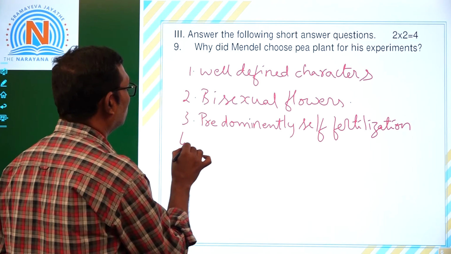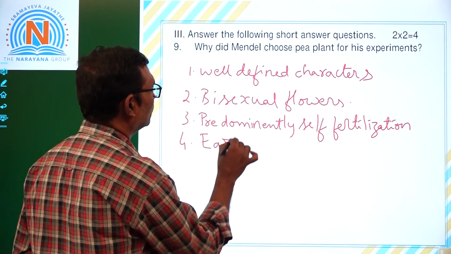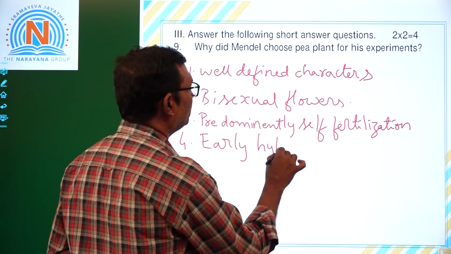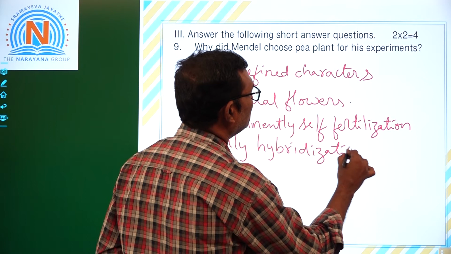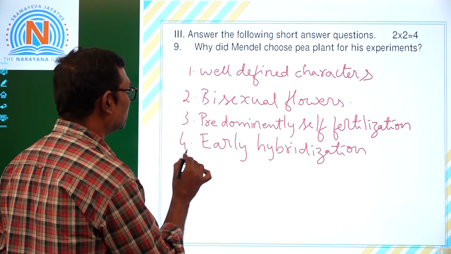Now fourth one, early hybridization. Easily it gets new changes.